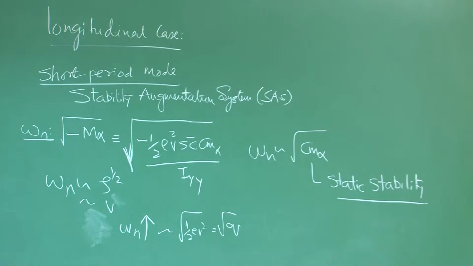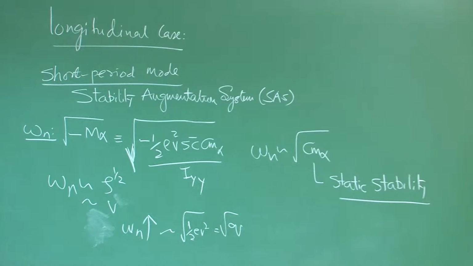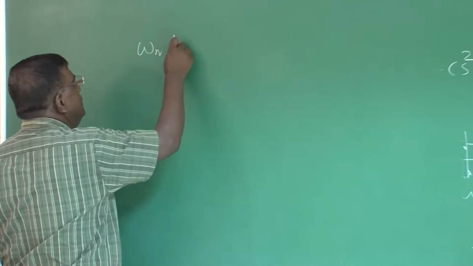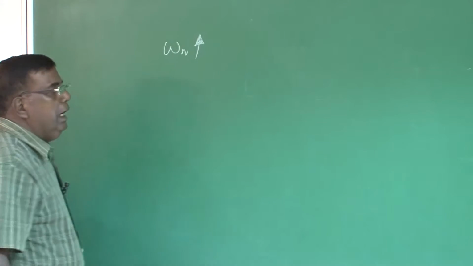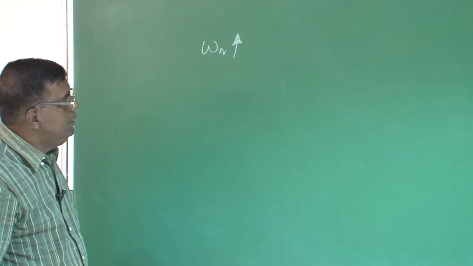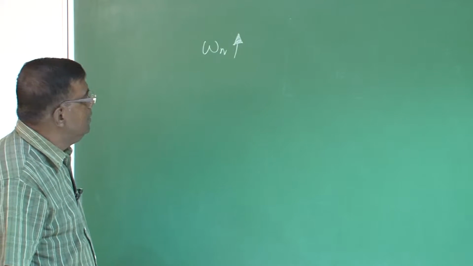Or in turn, it is a measure of stability margin. Let us say if there is a requirement that omega n be increased at some point in the flight. What is the way to do it?